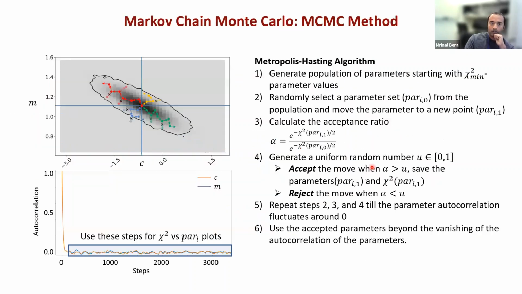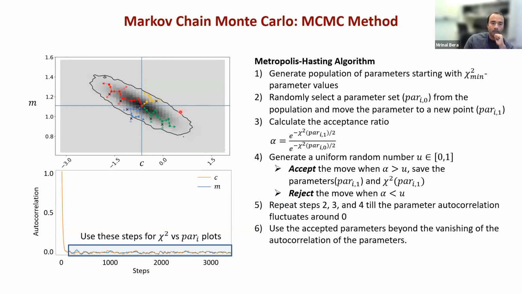Then I go to the next method, which is called Markov chain Monte Carlo. This is based on a Monte Carlo algorithm. We start with a parameter set at the minimum chi-square, and then we randomly move around the parameter space.